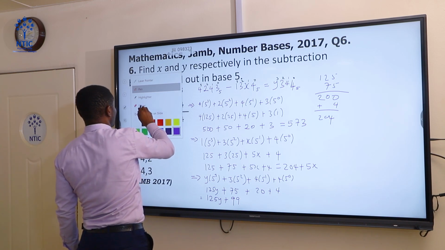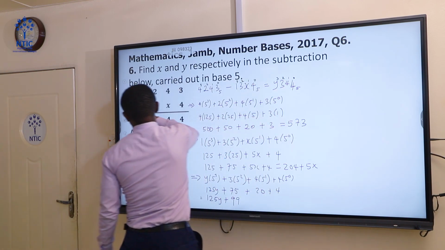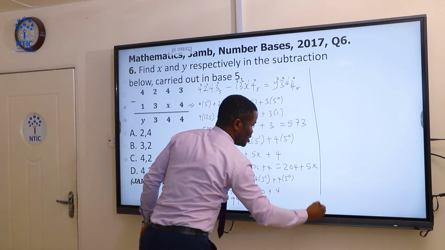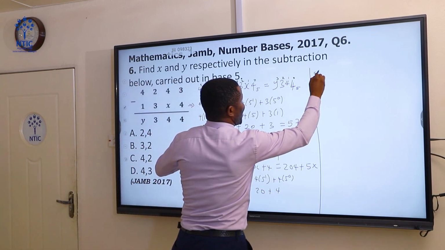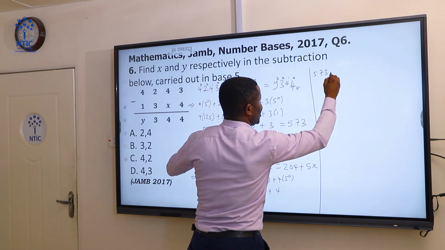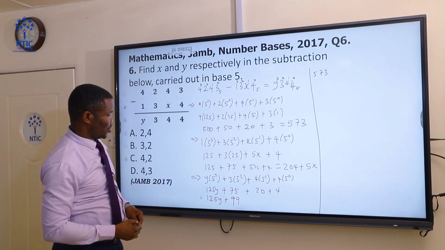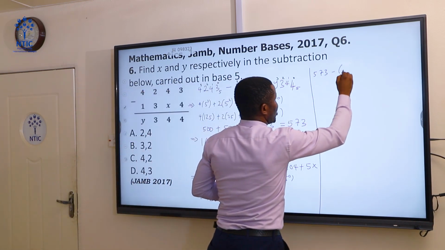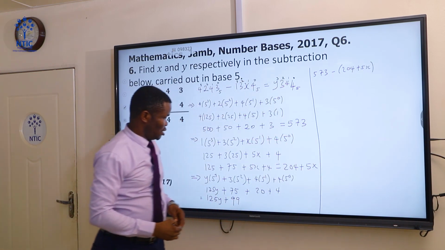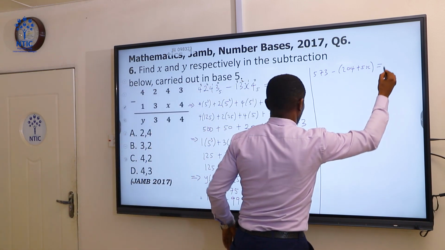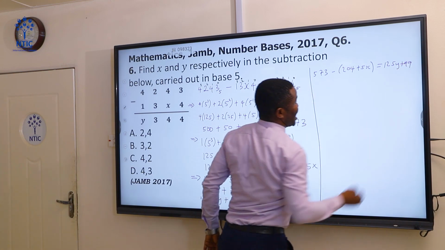Now, quickly, what we have now is this. What we have now is 573 minus 204 plus 5x is equal to 125y plus 99.